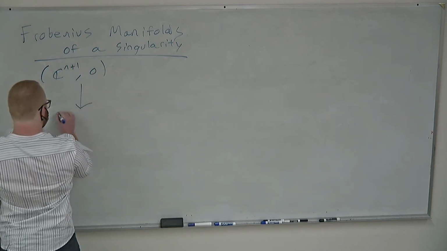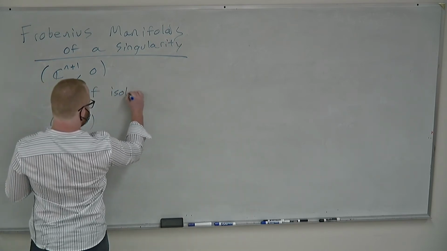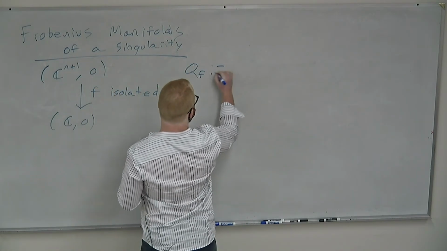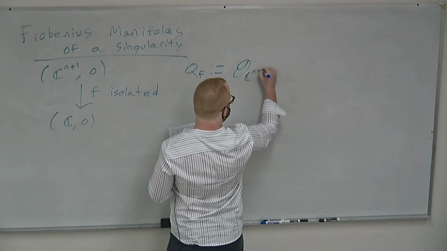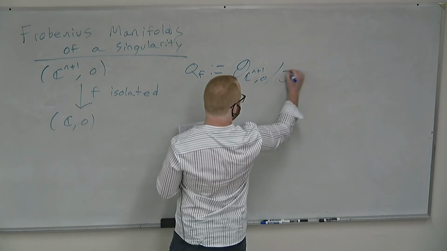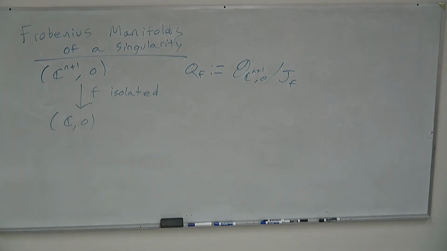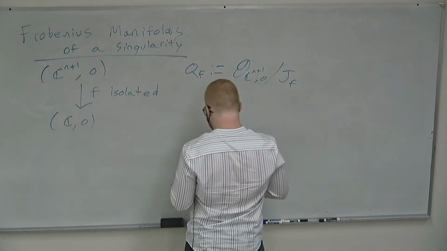So say we just have this isolated singularity, F isolated. And say I define my Jacobian algebra. So to look at the Frobenius manifold, we're actually going to want to think about deformations of this singularity, versal deformations.